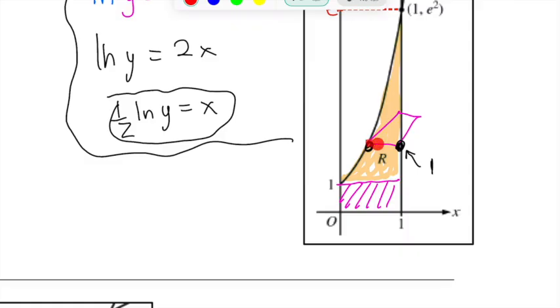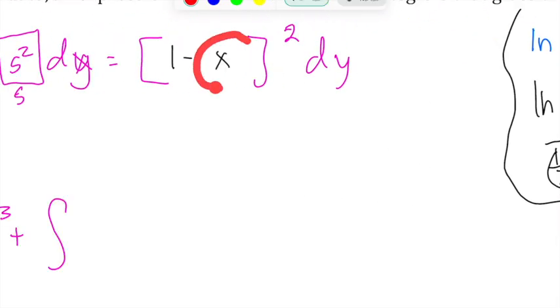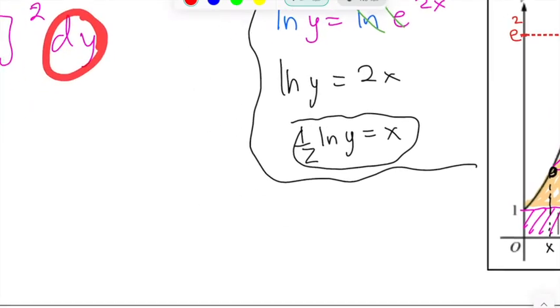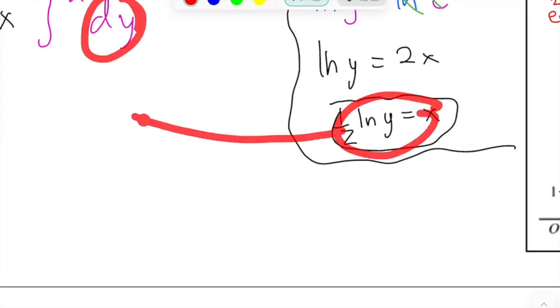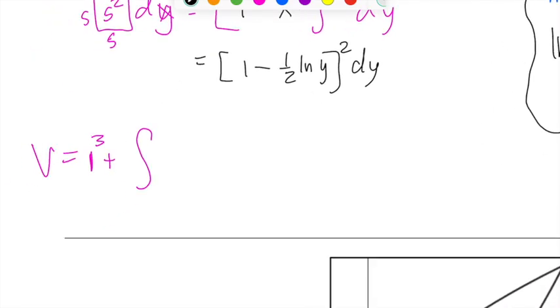So the side length is 1 minus whatever x is. But we don't need x's, we need y's, because y is our variable of integration. So we need to make this substitution in for x right here. And that's our side length. Oh, and square it. I forgot to square it.